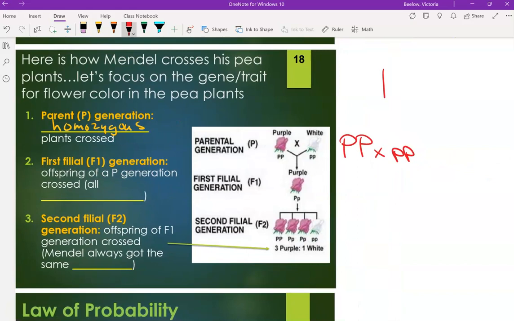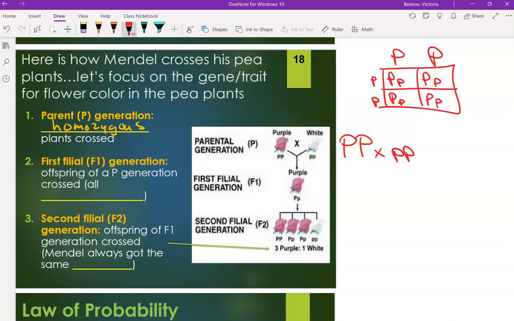We will get to Punnett squares eventually, but how that would work is you put both of the parents in the Punnett square like this, and then you cross them like so. And then the first generation, all of them would have a capital P and a lowercase p. Now remember, you get one trait from mom, one trait from dad.